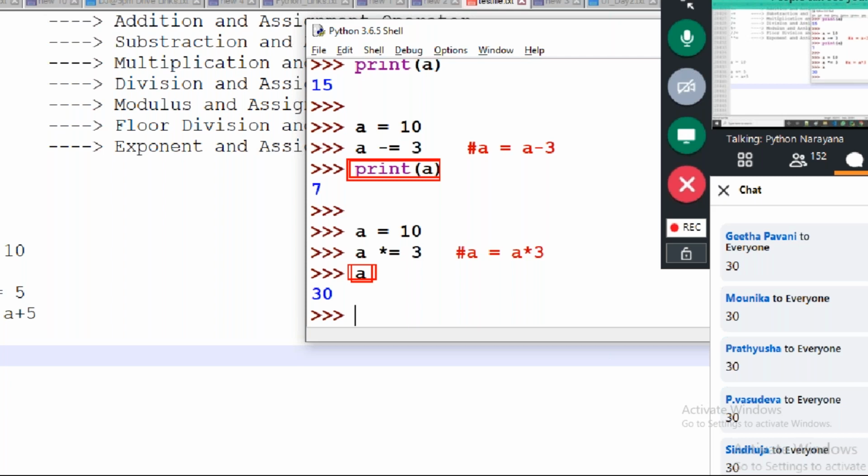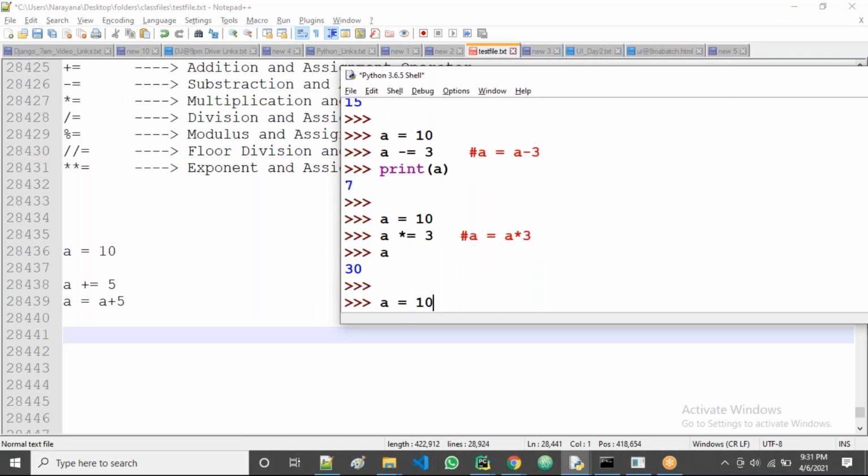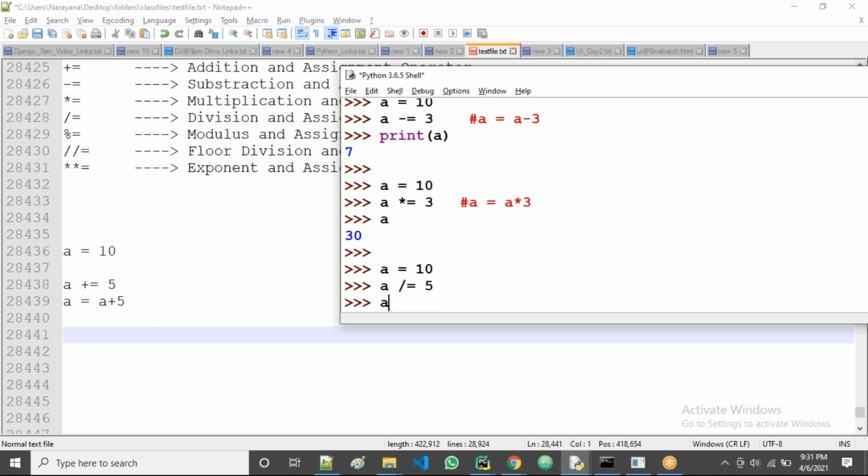Now next one, I'll take again a = 10. Then a %= 5. Then what is the value of a here?